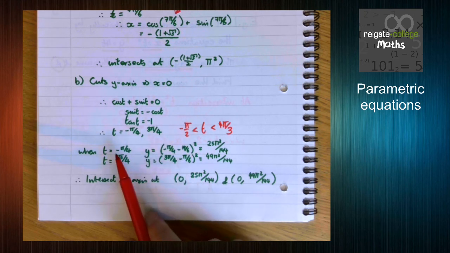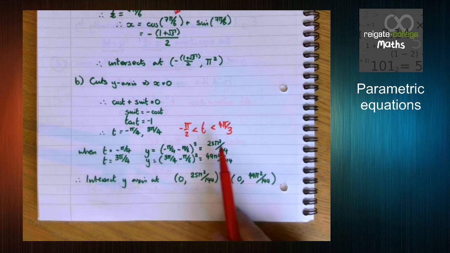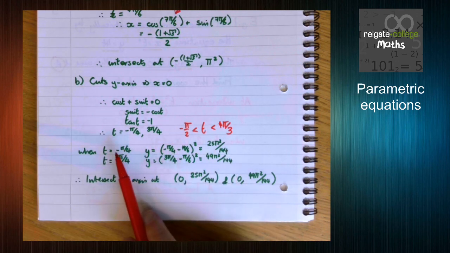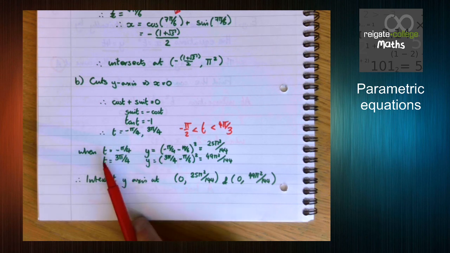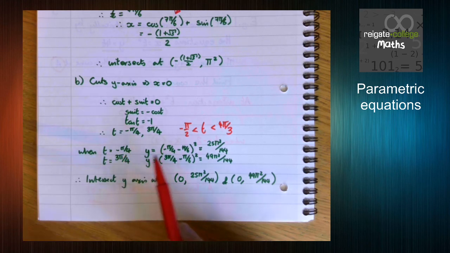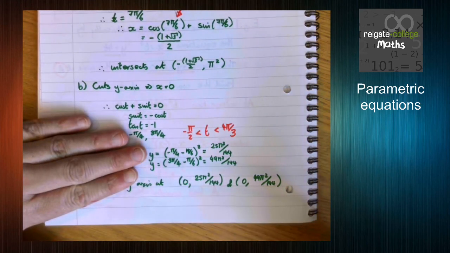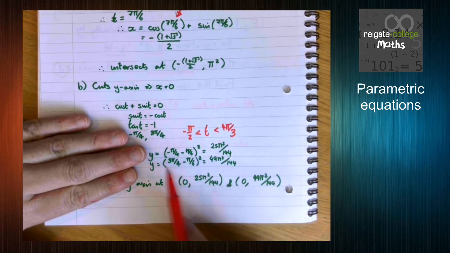You can see here, it's very clear that this top line is when t is minus pi over 4, because I've said it. Likewise with the bottom, I've stated it. If I didn't do that, this becomes a little harder to see what's going on.